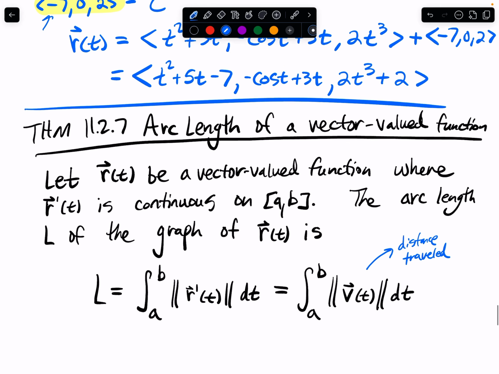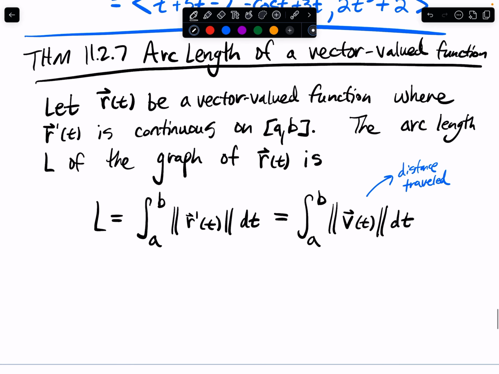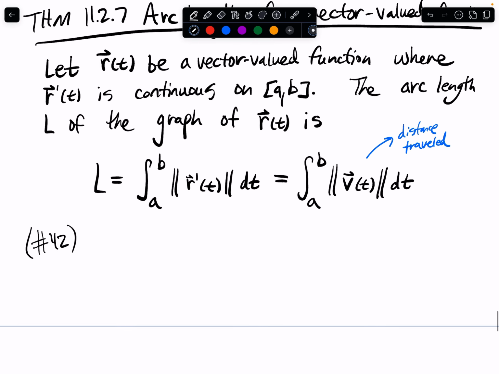All right, so let's see if we can calculate this. Let's just take number 42. Find the arc length on the interval.